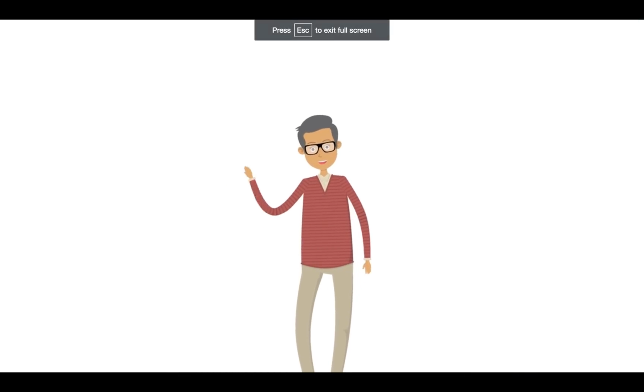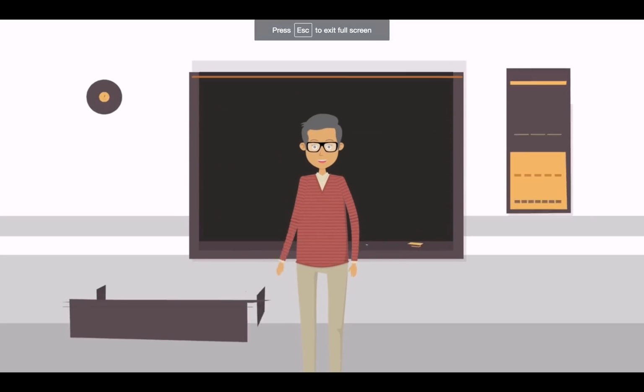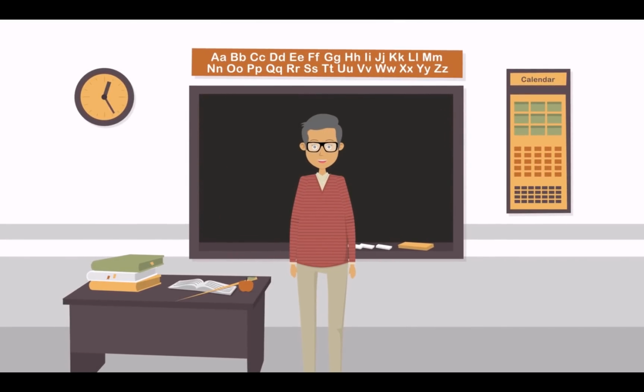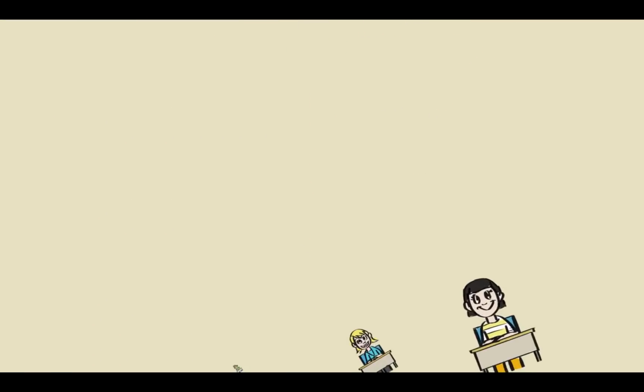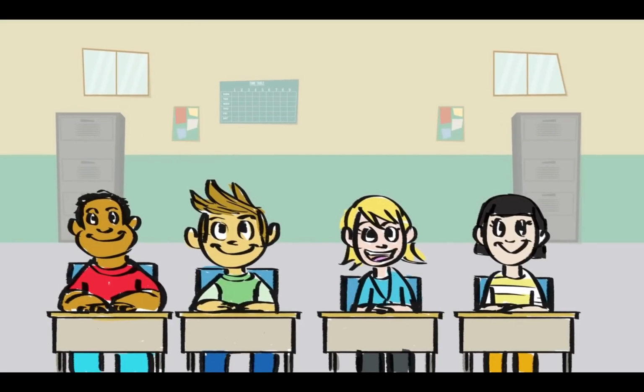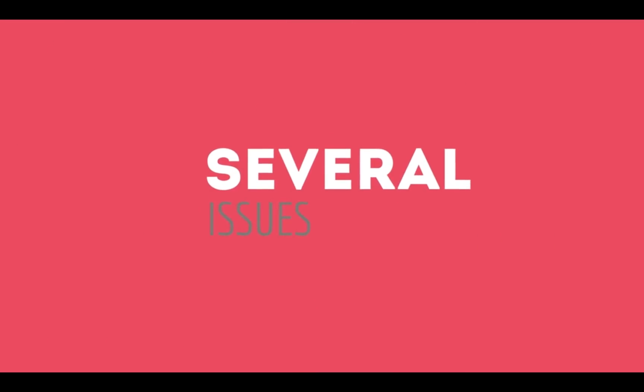My name is Bill Fickett, and I taught 3rd through 5th grade in a public school in North Las Vegas. In my class of 35 students, some students were working at grade level, but many were a grade level above or behind the material I was supposed to be teaching. Now, there are several issues with this. 1, there's no effective way to understand what level students are working at without spending extensive one-on-one time with each student. 2, finding and printing practice material for each student at their level is difficult and time-consuming.